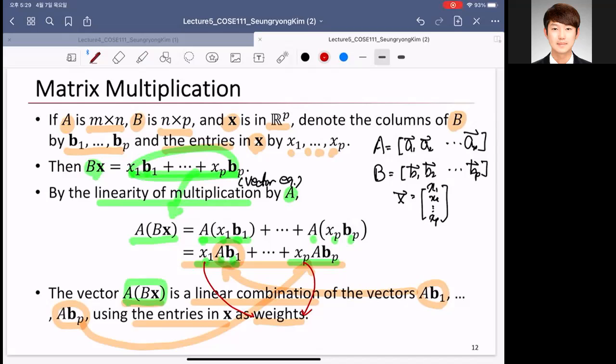So this is another kind of vector equation, a linear combination of AB1, AB2, ABP with the weights X1, X2, and XP.